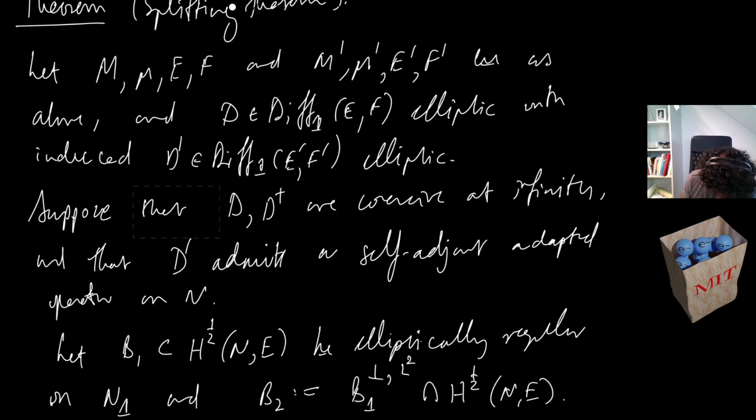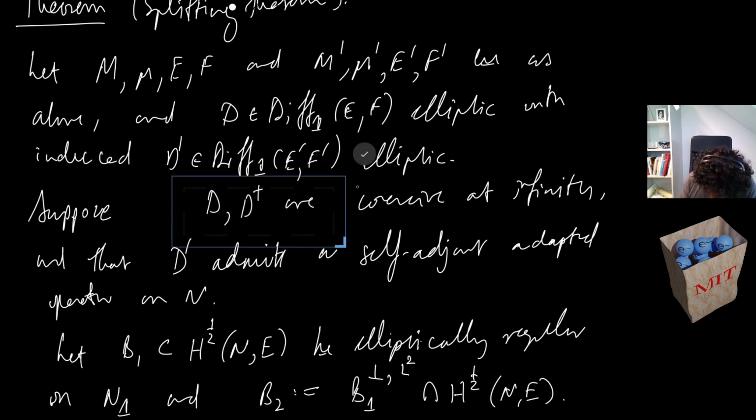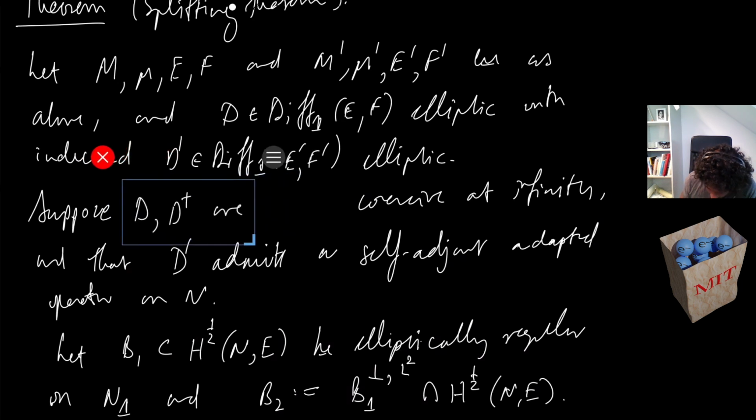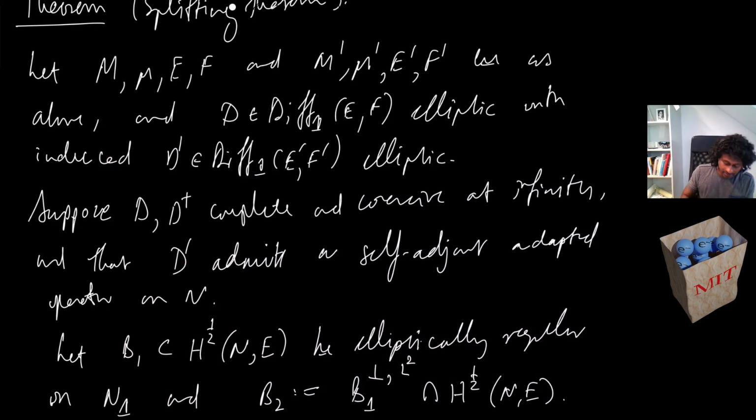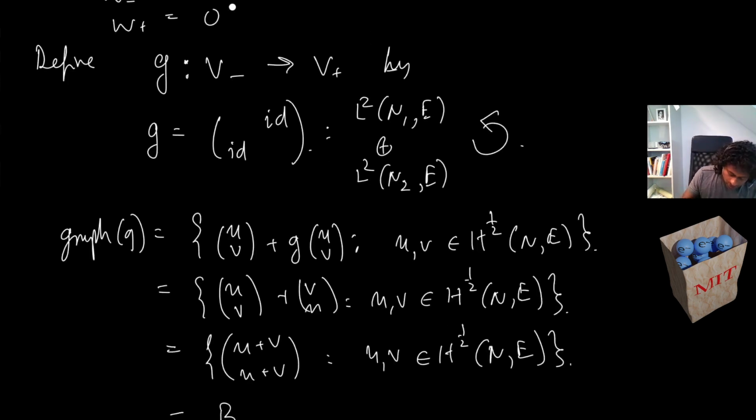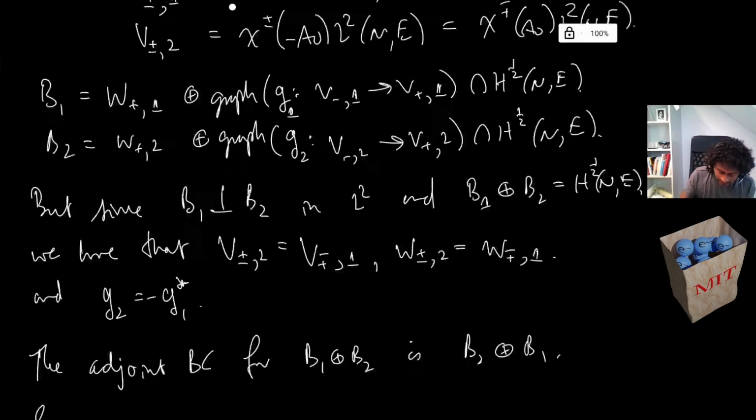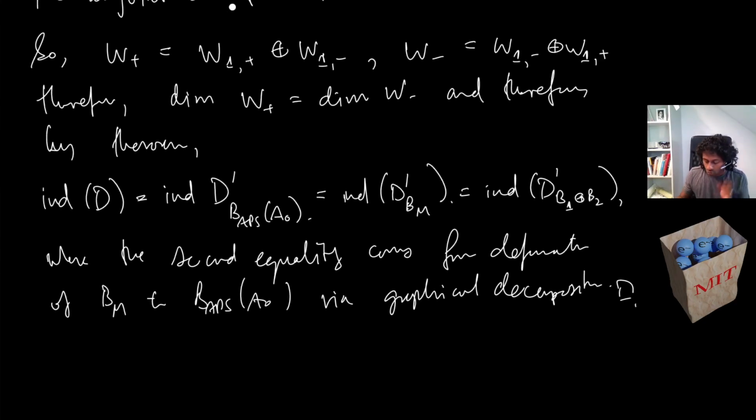Sorry, that's an important note, because otherwise you could have weird things happening that make it look as if there's a boundary at infinity. Complete and coercive at infinity. Yes, that's true. And so the point is that completeness says that nothing can go wrong. There's nothing like a boundary that happens at infinity, and coercive at infinity says that it has an index.